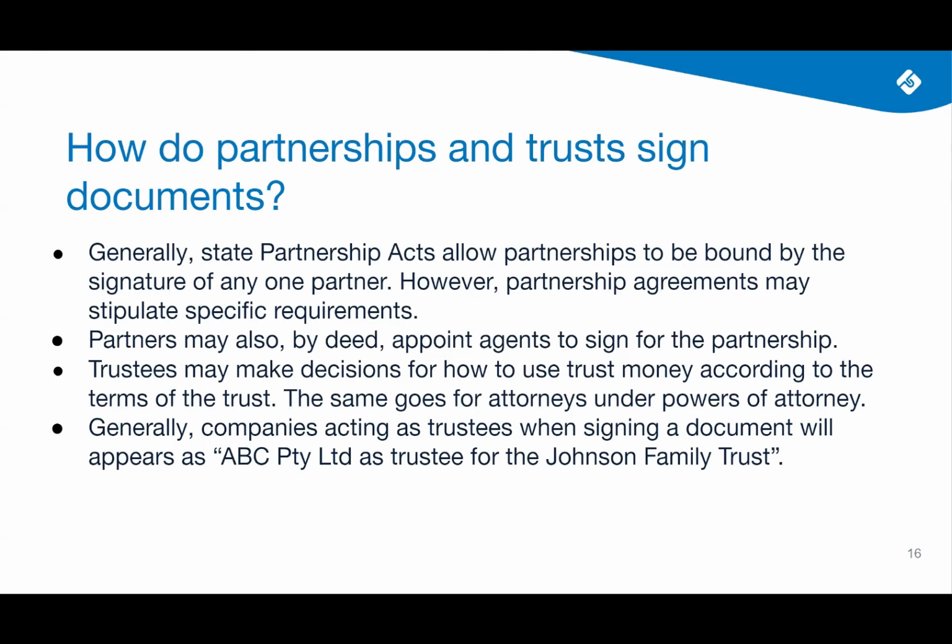So when companies are acting as trustees, when signing a document, that will generally appear as the full company name as trustee for the Johnson Family Trust, let's say, or when it's an individual trustee that's signing an agreement for the trust, it will be the name of the individual as trustee for the trust.